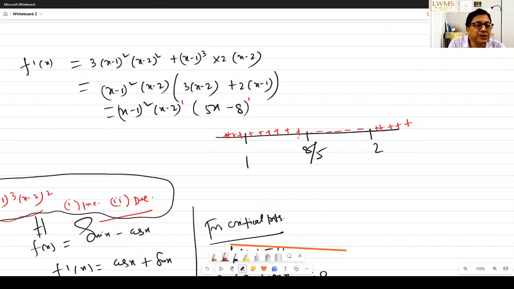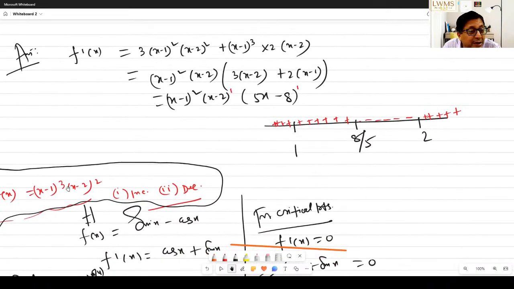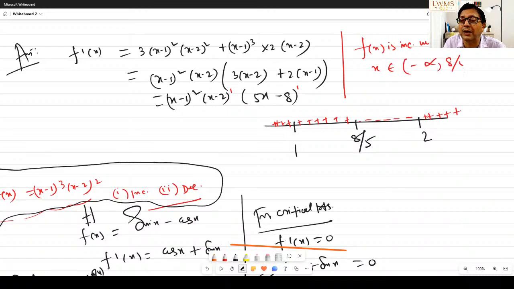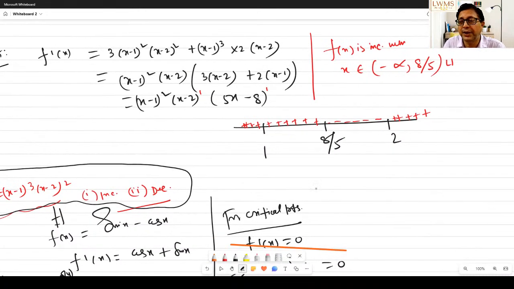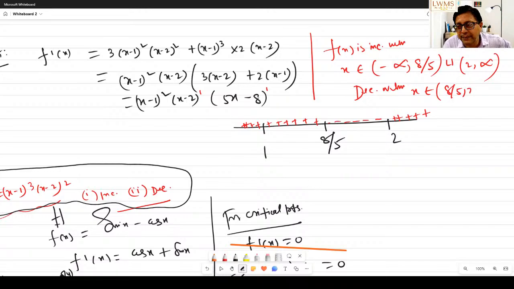Clear? So this function which I have taken here, this function is increasing for what values? F x is increasing when x belongs to minus infinity comma 8 by 5, union 2 to infinity, and decreasing when x belongs to 8 by 5 comma 2.